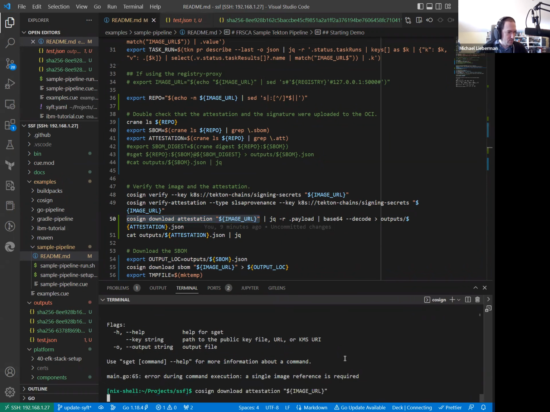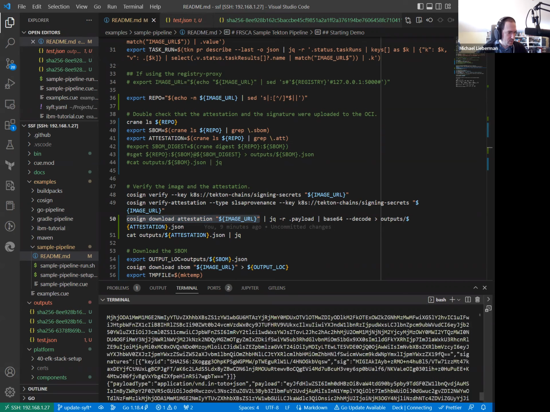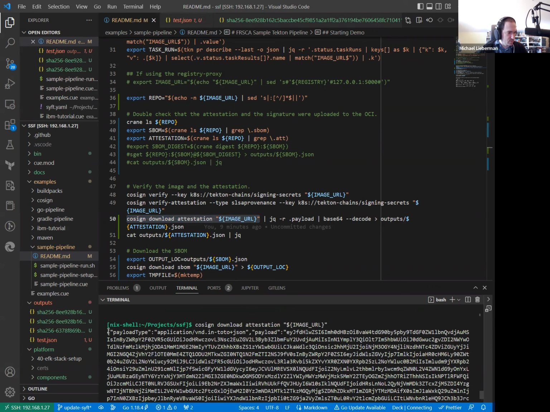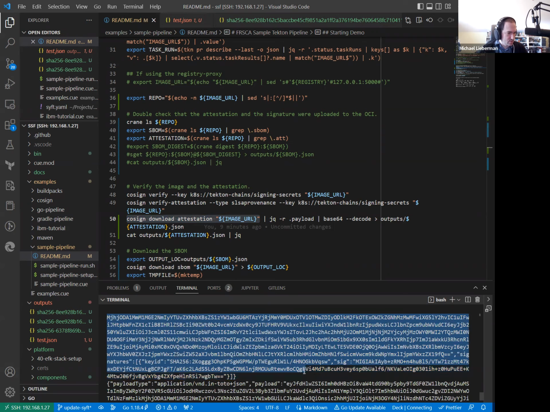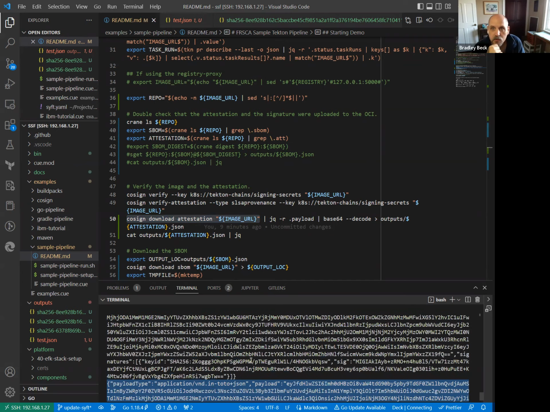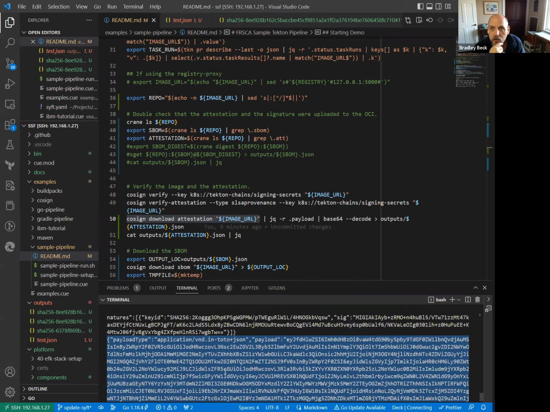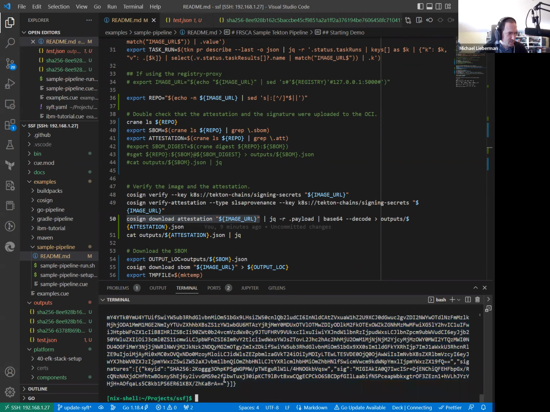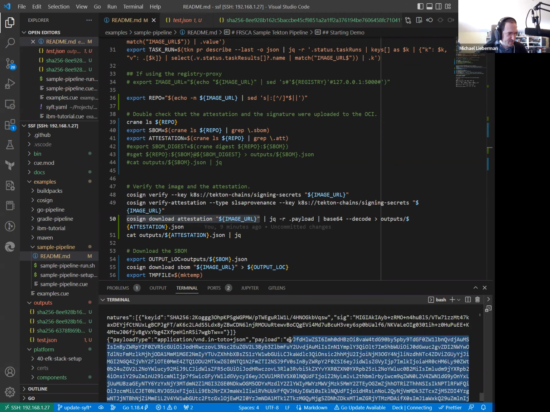So if I download this, you can see there's one payload and then there's a second payload coming from that image. That intimates it might be something to do with the OCI storage of that. But technically they're different payloads.